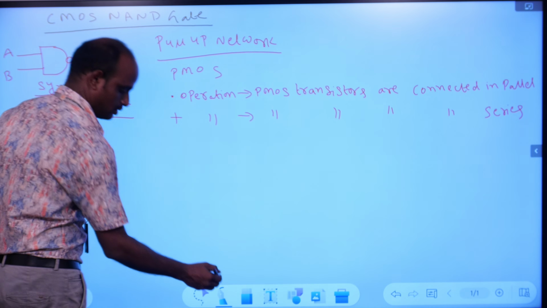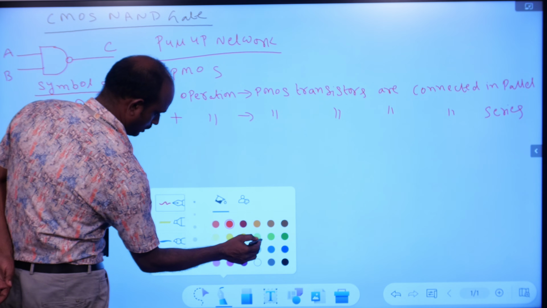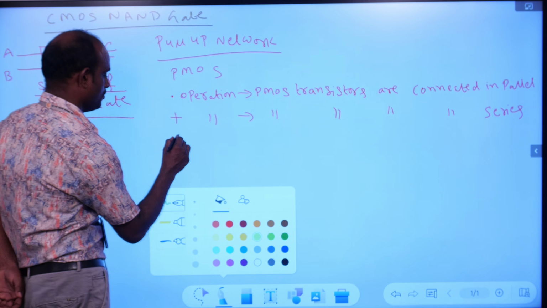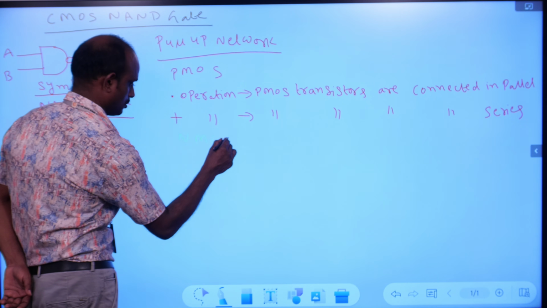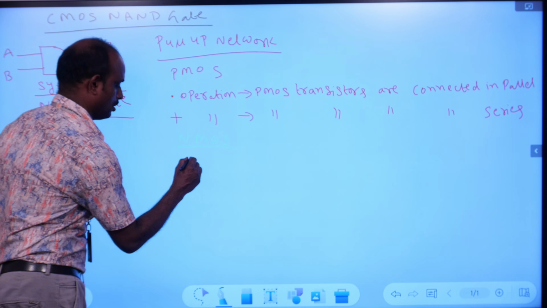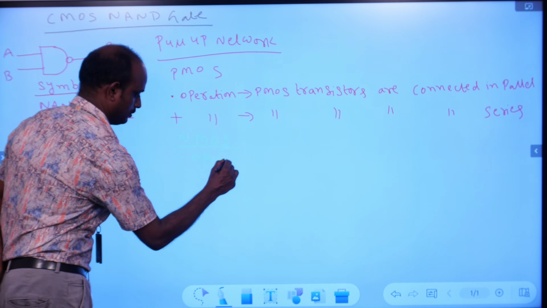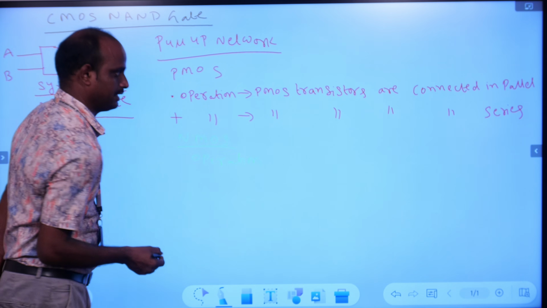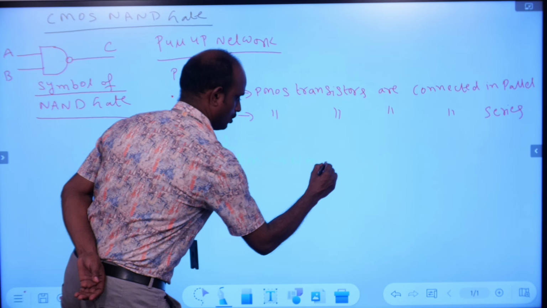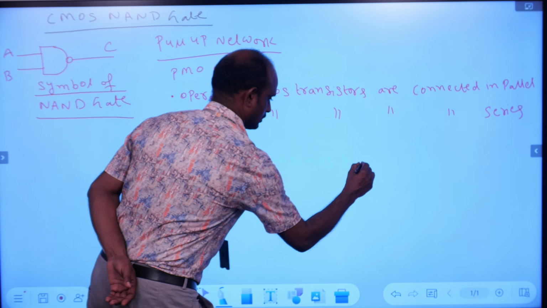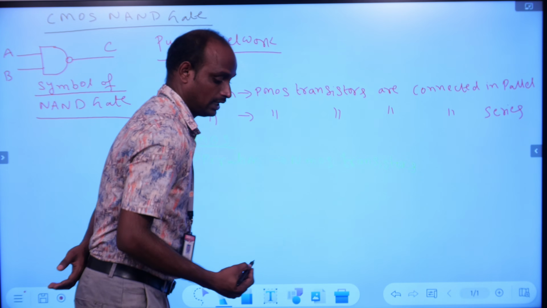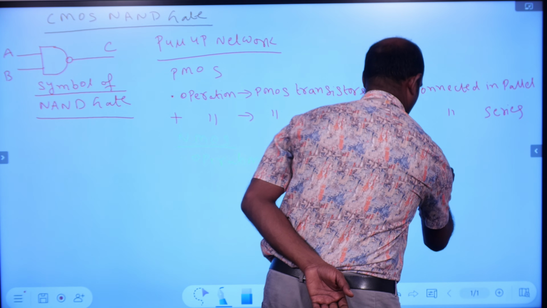Similarly, for NMOS, it is completely opposite to the pull-up network. For the dot operation, that is the AND operation, NMOS transistors are connected in series.